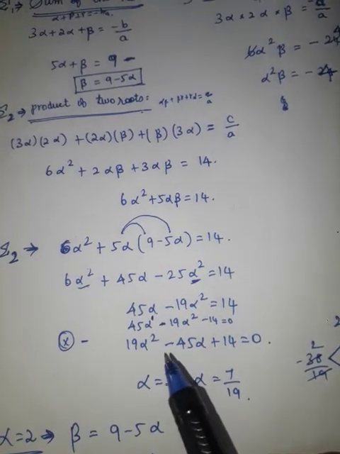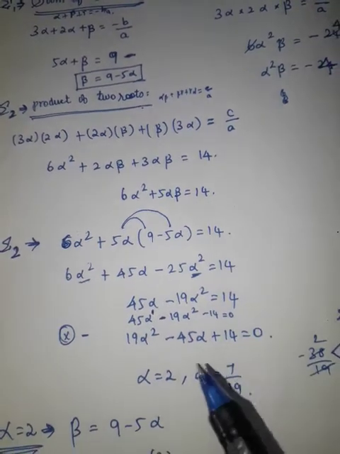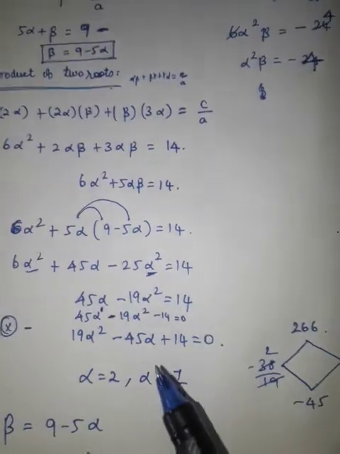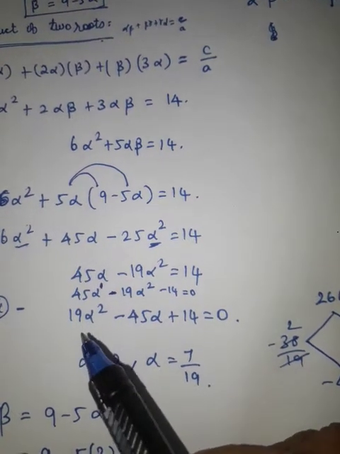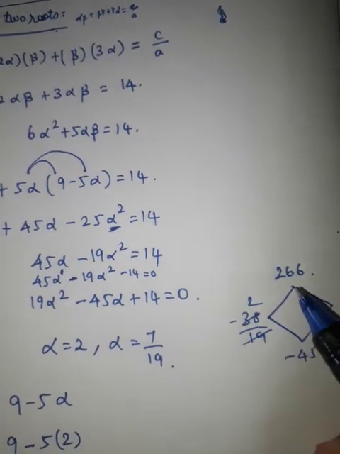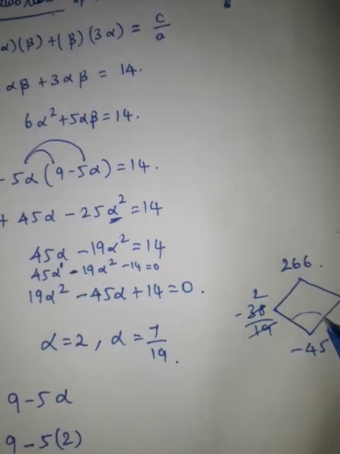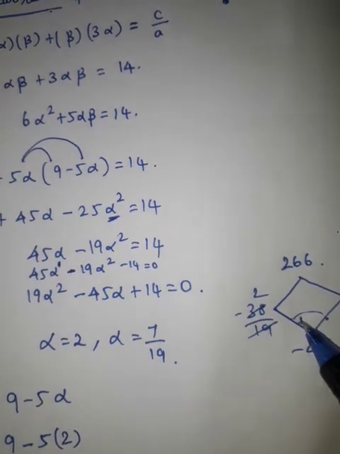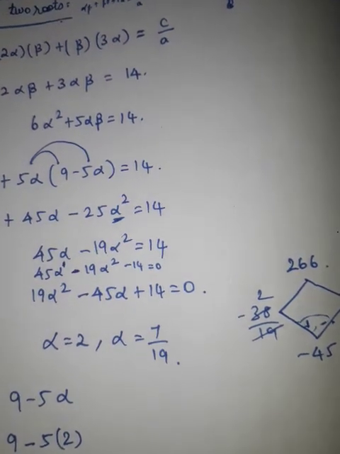Here we find the alpha value by the factorize method. The alpha square coefficient is 19, so 19 into 14 is 266. The sum value is minus 45, so we choose two numbers.